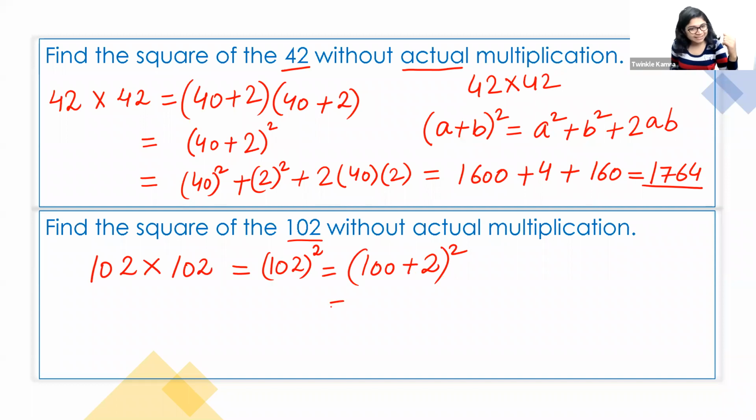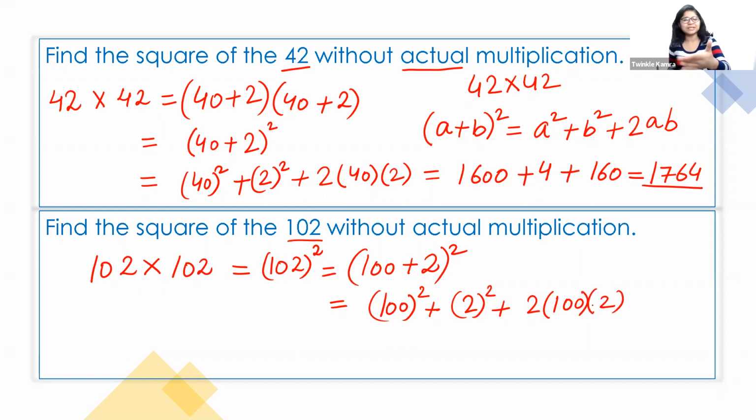Now applying the identity: 100 square plus 2 square plus 2 into 100 into 2. Simple. You just need to add it, and you'll get 10404, which is the square of 102, right?